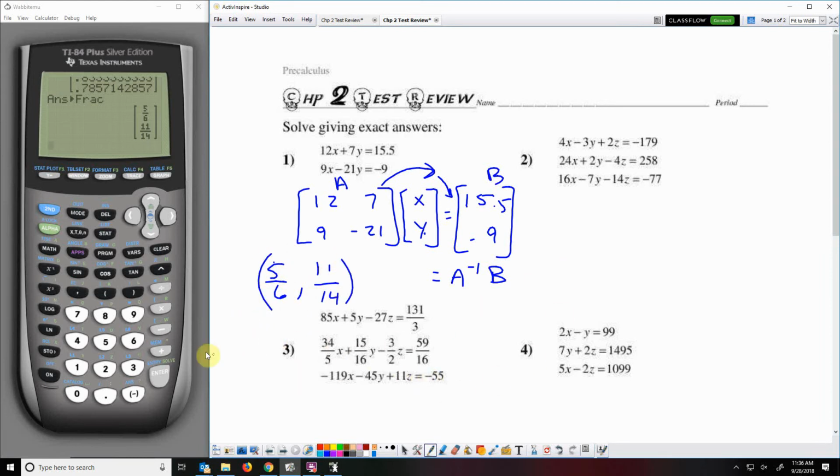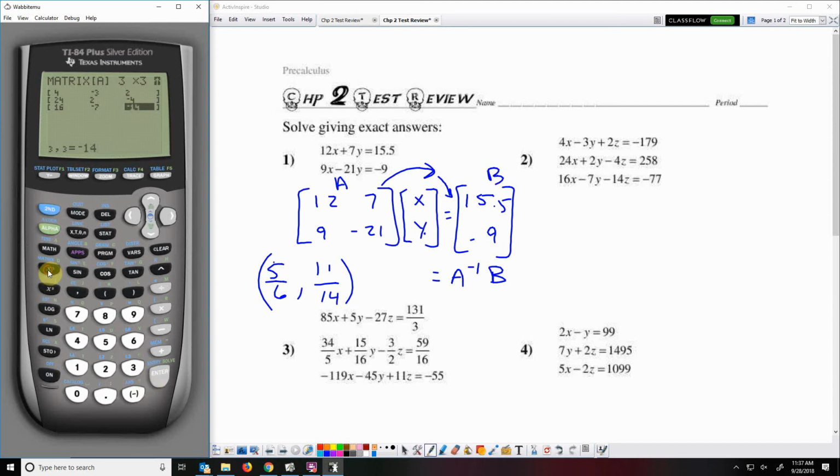Okay, now we've got a 3 by 3, so I'm going to go back to matrix and edit the first matrix to a 3 by 3. So I've got 4, negative 3, 2, 24, 2, negative 4, and 16, negative 7, and negative 14.